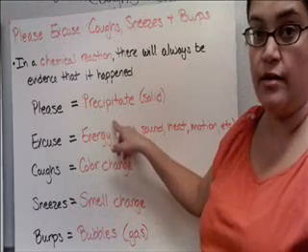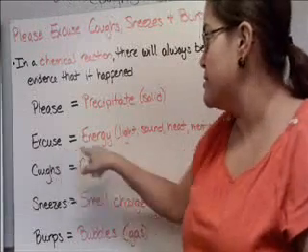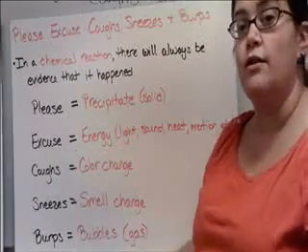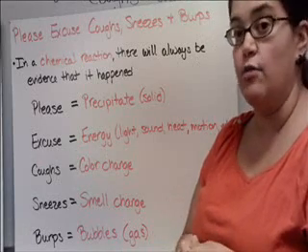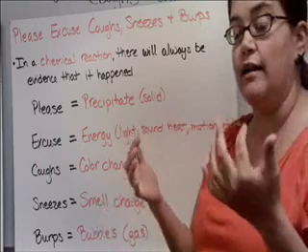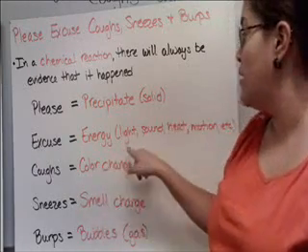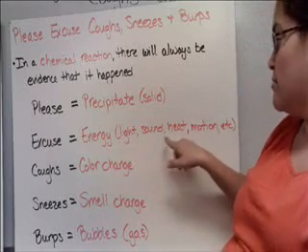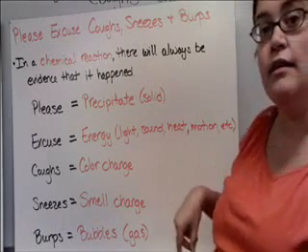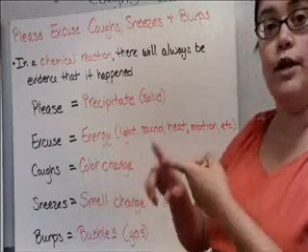This one's probably the hardest one to remember. Excuse stands for energy. So in a chemical reaction, energy is almost always involved. It can be taken in, so you can gain energy, or you can give off energy. And this energy can be light, sound, heat, motion. There's different types of energy, and it could be one or many.